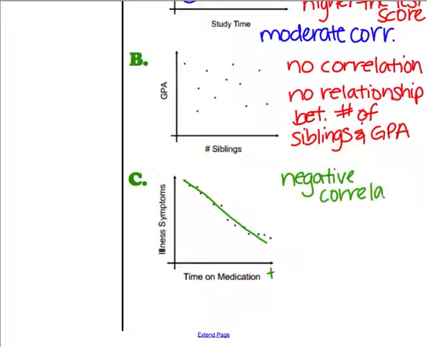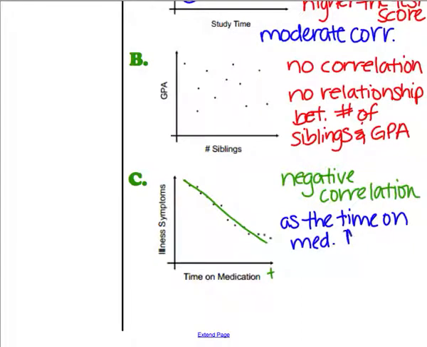And as I just mentioned, as the time on medication increases, the number of symptoms decreases.